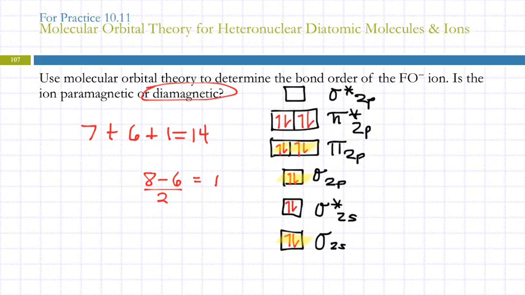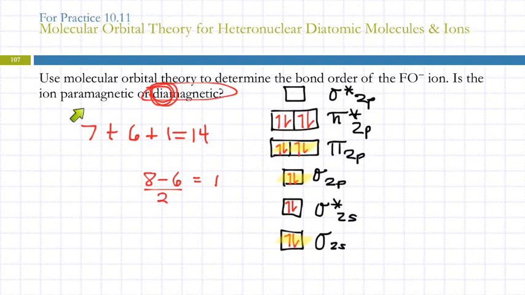Getting those 2 words with the correct concept, I find a bit challenging, because paramagnetic, I want to think they're in pairs, but they're not. Paramagnetic is unpaired. Diamagnetic, the only thing I've come up with is diamagnetic. Di means 2. They're all in 2s.